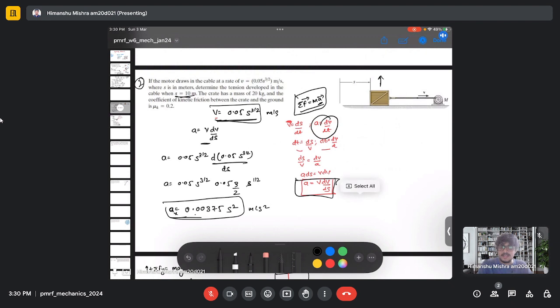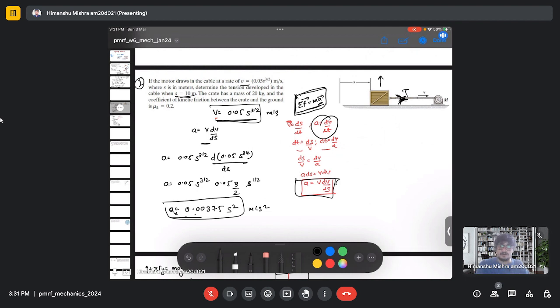Just to recap here, we have been given the velocity as a function of distance, the weight, and the coefficient of friction, and we need to find the unknown tension force exerted from this cable. First we figured out our intention to write the equation from Newton's second law, and in order to do that we need to first define the acceleration.